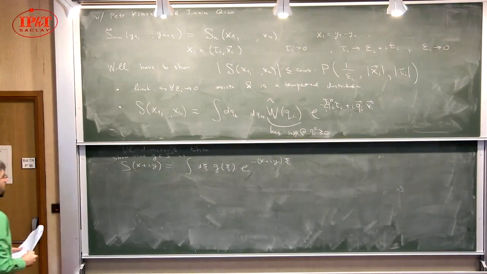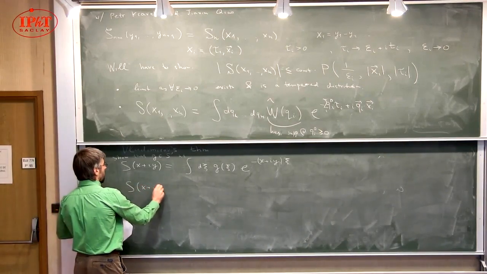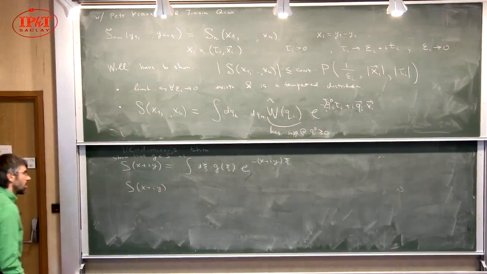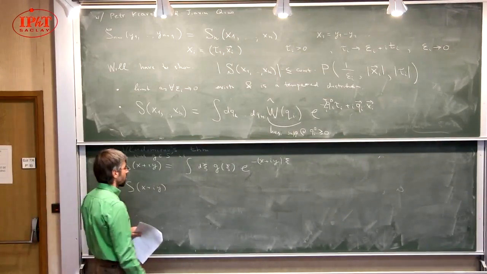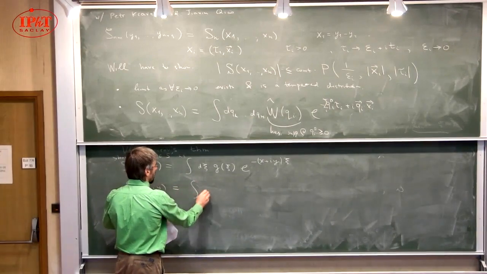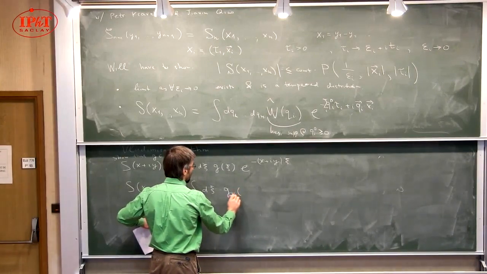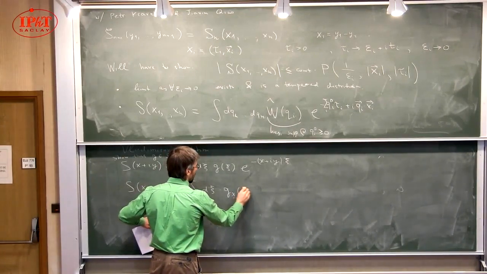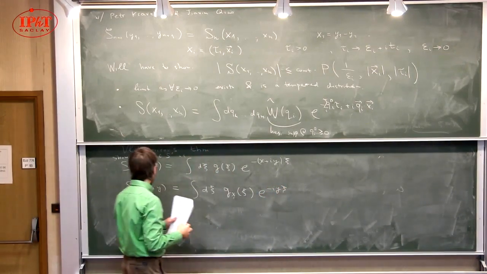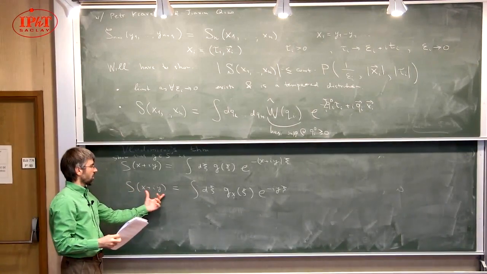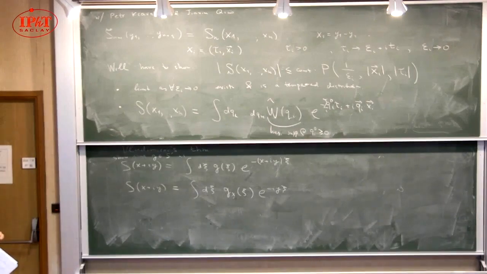So how do I do this? Well, first of all, I take s of x plus iy and I view it as a function of y. As a function of y, it is a distribution. So I can write it as a Fourier transform of some gx of xi e to the minus i y xi. I just wrote this function of y as a Fourier transform of some distribution gx.